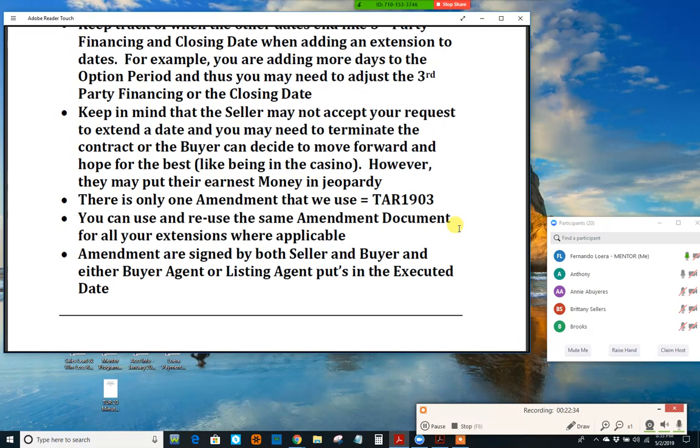What I mean by that, the amendment has to be executed and signed before 5 o'clock. So don't wait until the last minute.